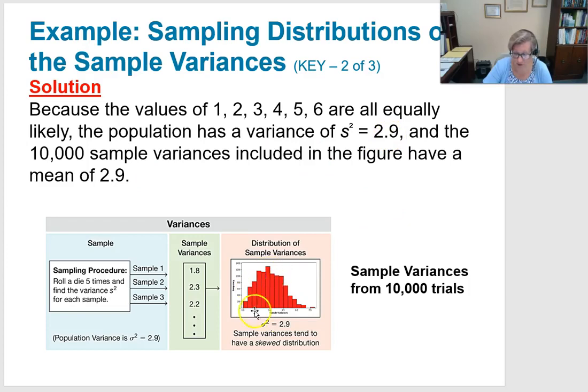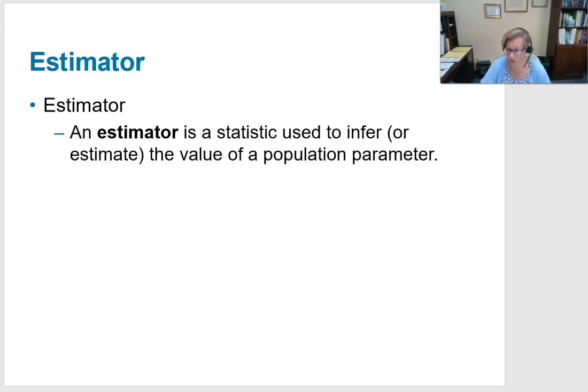So that means that if we look at this, we could find the mean of these variances, and it should be very close to 2.9, which is the variance of the population. So we can always use our samples to help us figure that out. But because we don't often have population data, we have to use estimators, and that's what these statistics are for. That's what the samples are for.